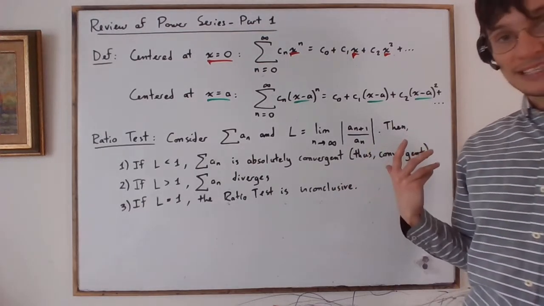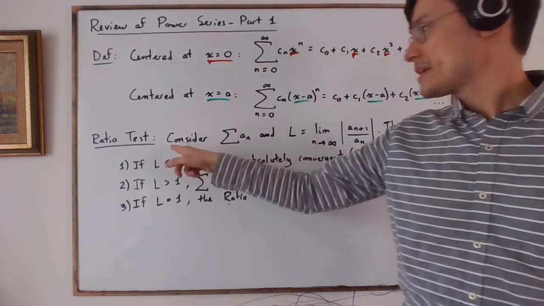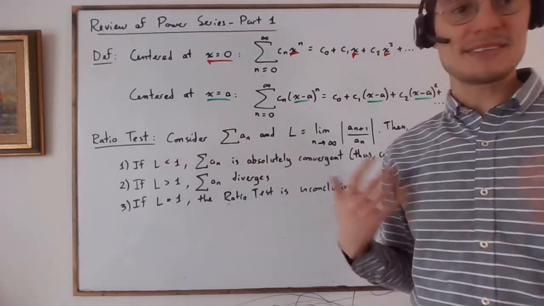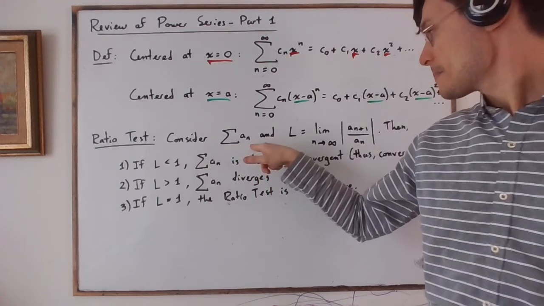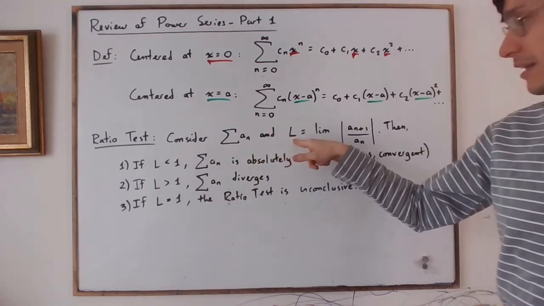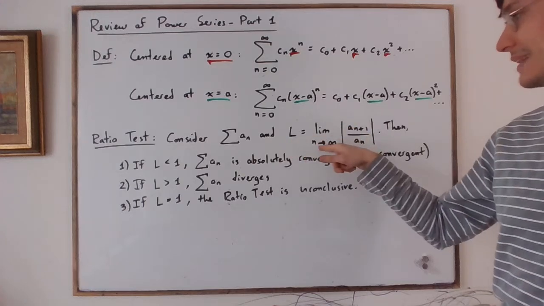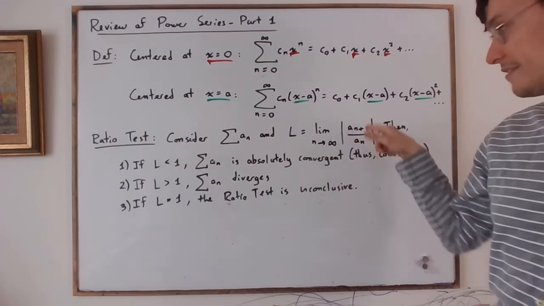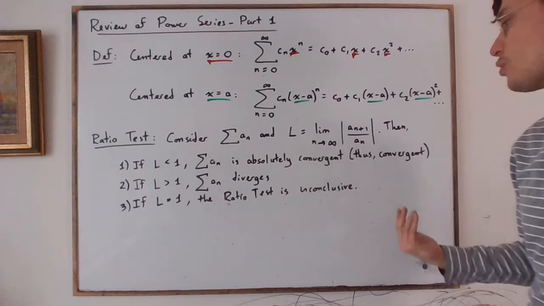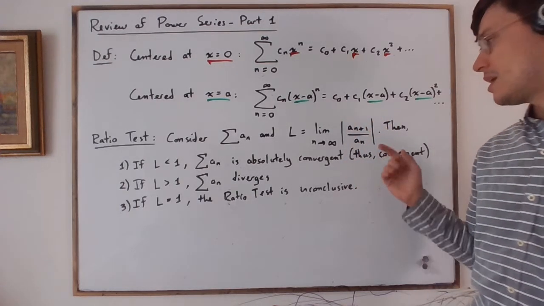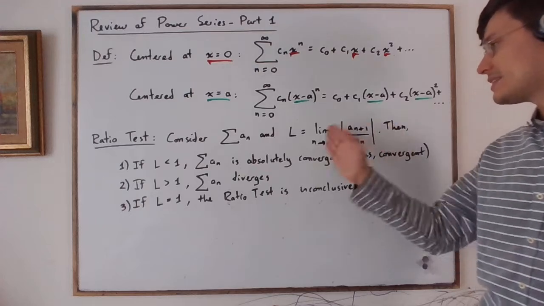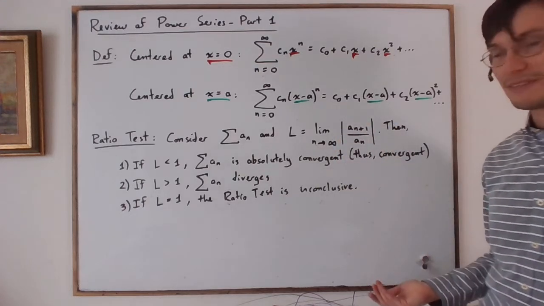The ratio test first. Suppose that we replace a value of x, okay? And we get a numerical series like this. And then we make L the limit at infinity of a_(n+1) over a_n. In other words, we divide two successive terms, and we leave n undetermined, and then we take the limit as n approaches infinity.